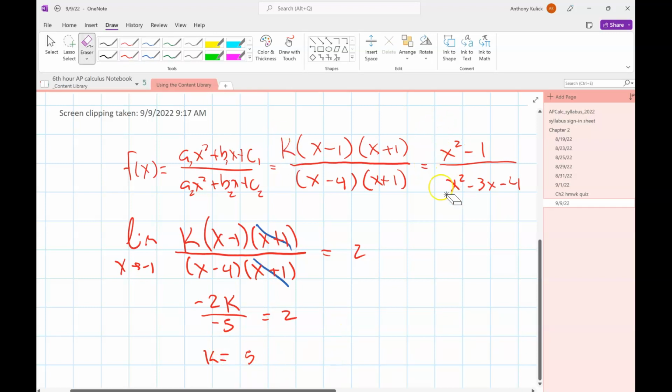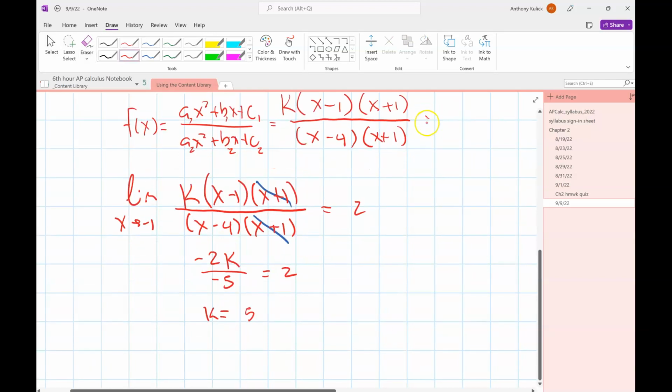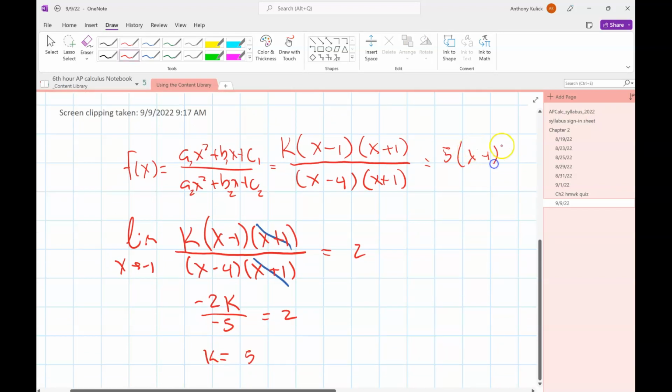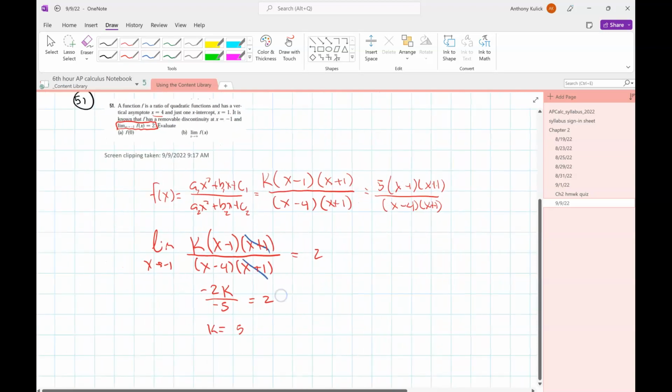I don't need this part over here. I'm going to dump you. So this should just be 5 times this stuff. Now that I have my function written, the rest of this should be pretty straightforward. All right, zoom back out.